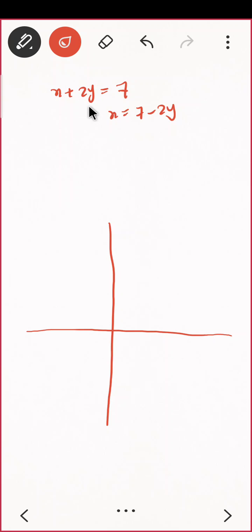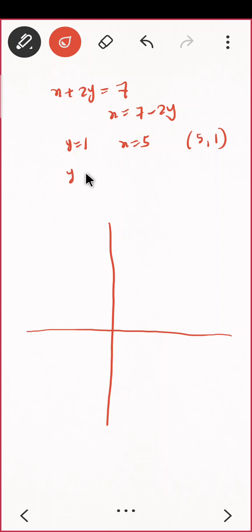Suppose I am putting y equal to 1, correct? So what will be the value of x if you put y equal to 1 in this equation? Yeah, x equal to 5. So what is the point? 5 comma 1. Do you agree? What about the next?